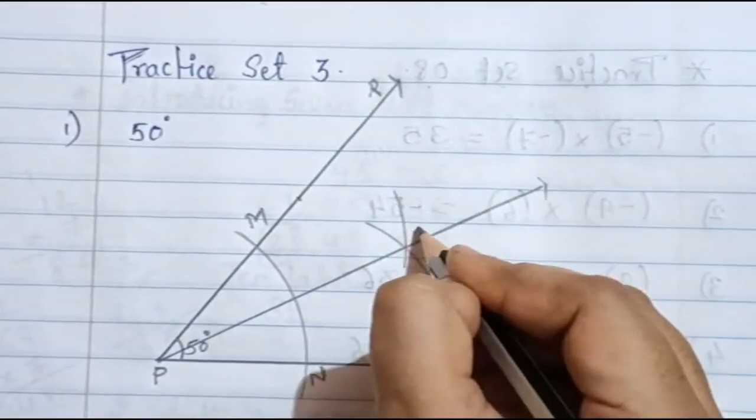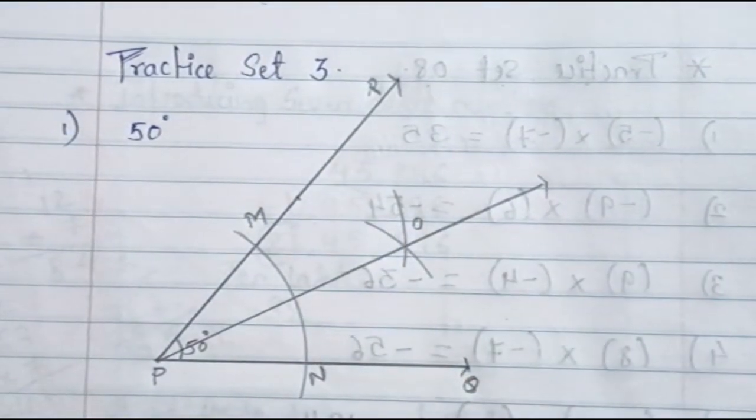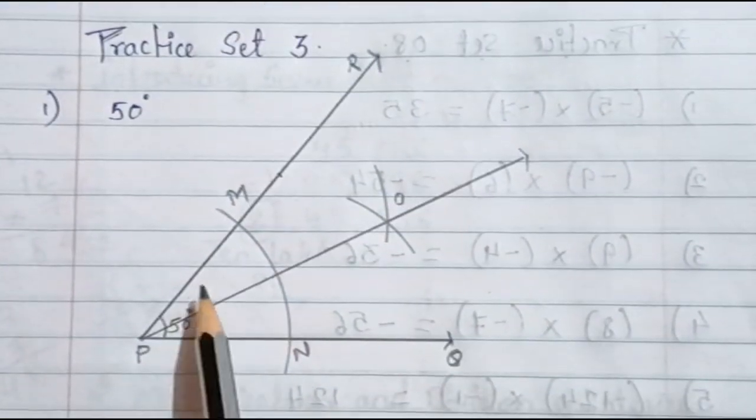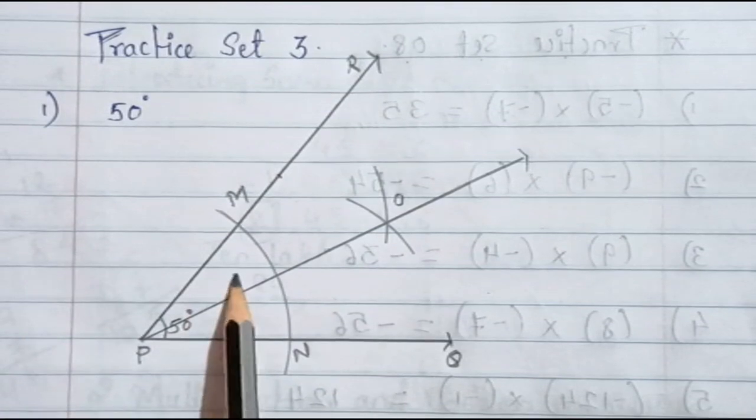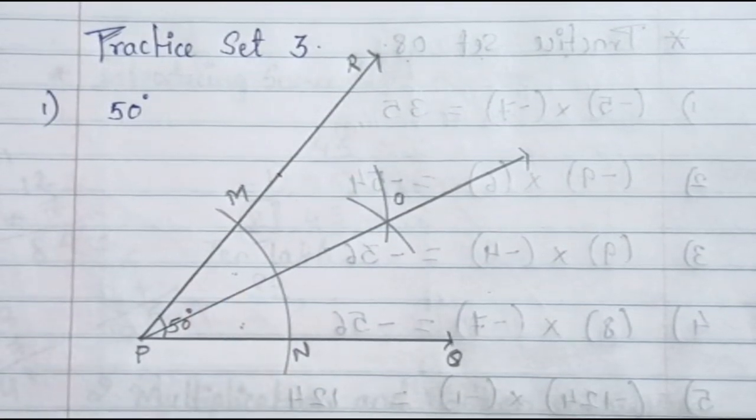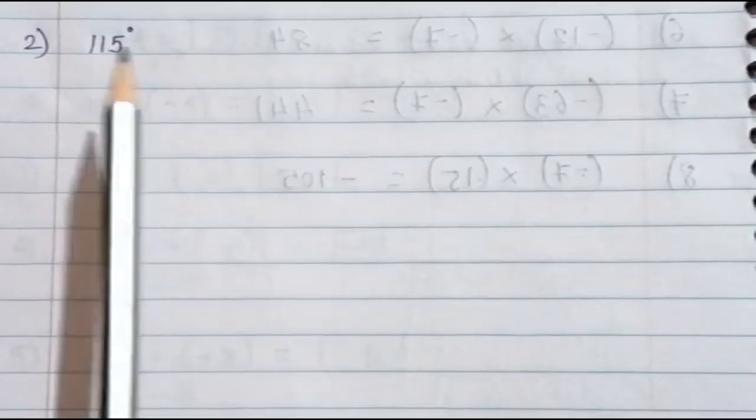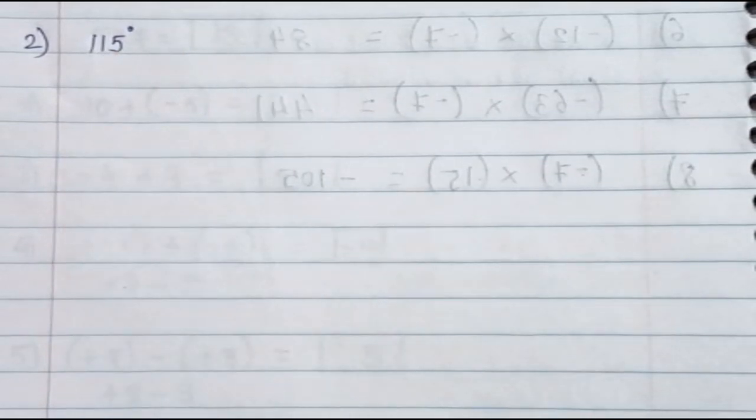Okay, I will name this as O. So आपको ये angle bisector मिला, मतलब आपको ये angle दो parts में divide हो गया. Is that clear, everybody?